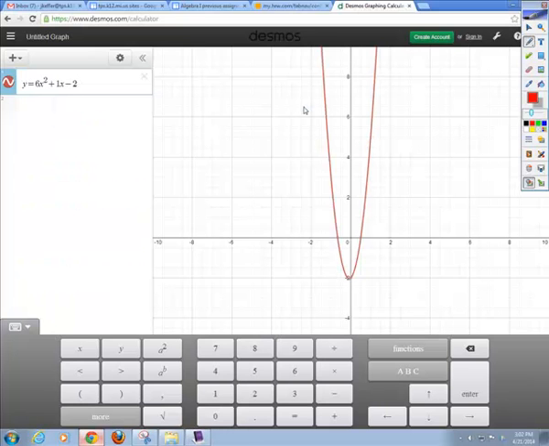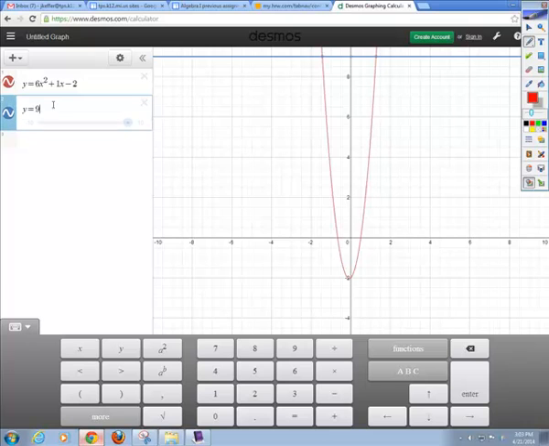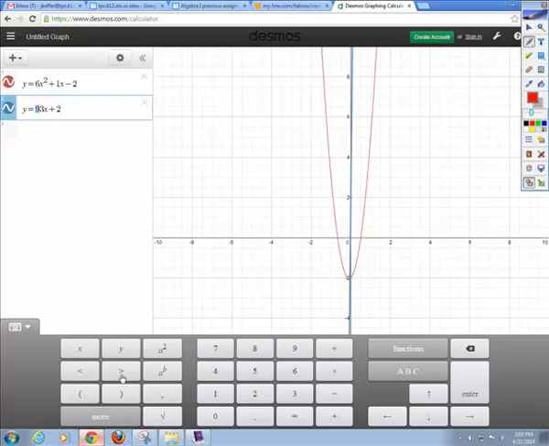For example, I have the polynomial I put into Desmos. It's 6x squared plus 1x minus 2. I factored it on a different piece of paper, but I think my answer is y equals, and then parentheses, I have 3x plus 2. Oops, that is not parentheses. It would help if I looked up.